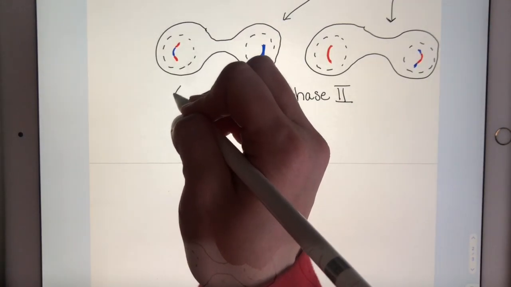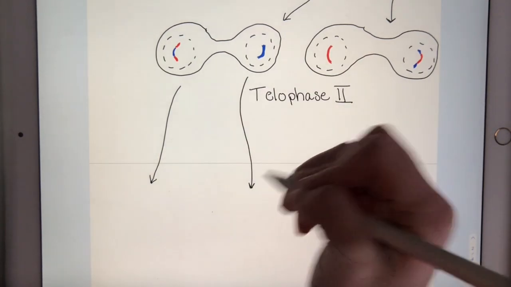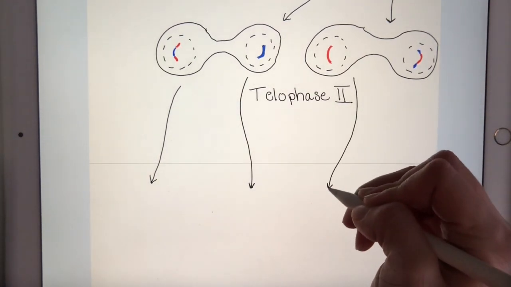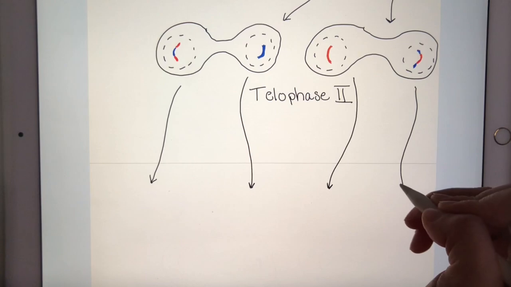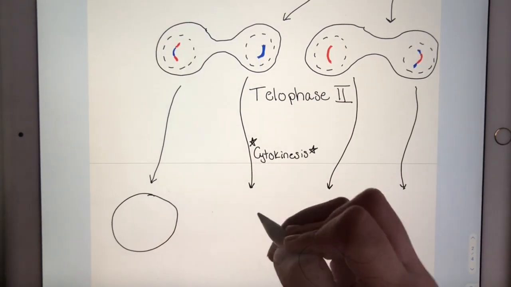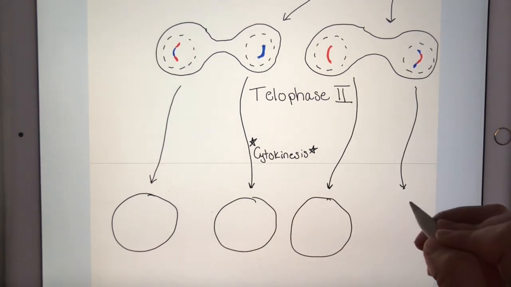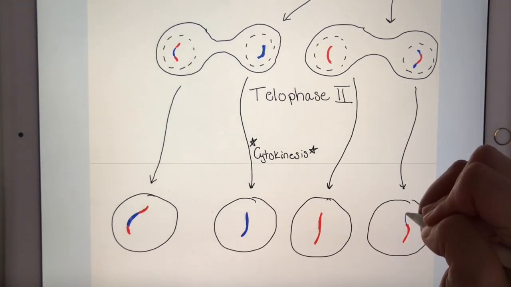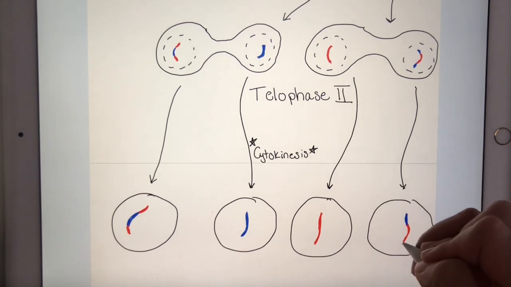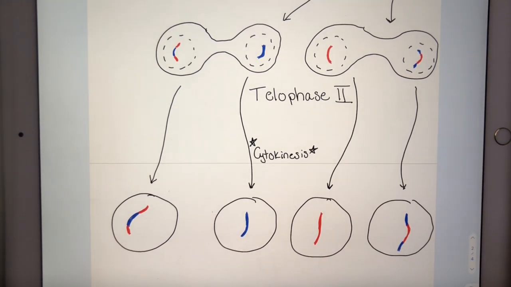Telophase is followed by cytokinesis. And the result is 4 different cells, each one with DNA that's going to look a little bit different from one another.